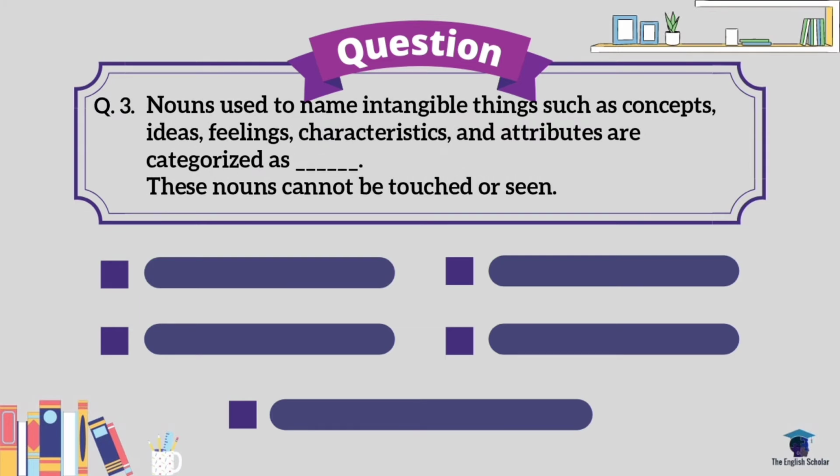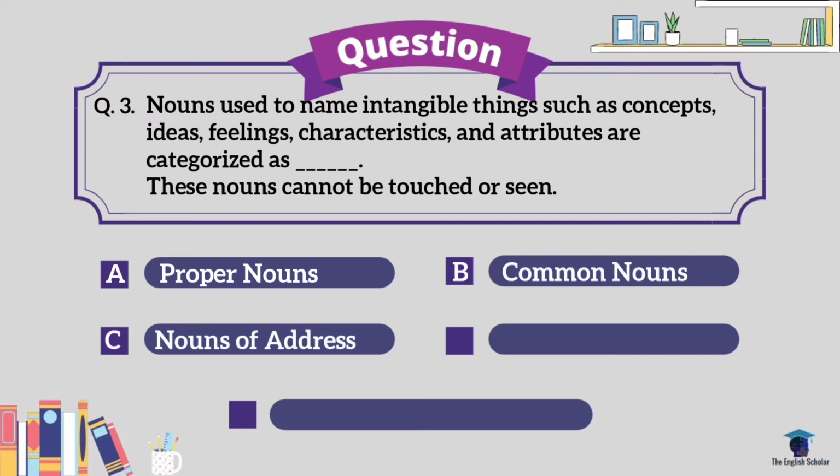3. Nouns used to name intangible things such as concepts, ideas, feelings, characteristics, and attributes are categorized as blank. These nouns cannot be touched or seen. A. Proper nouns, B. Common nouns, C. Nouns of address, D. Abstract nouns, E. Concrete nouns.